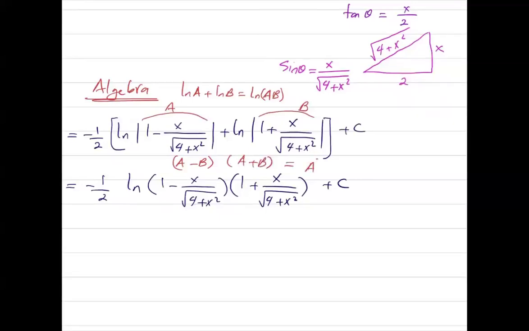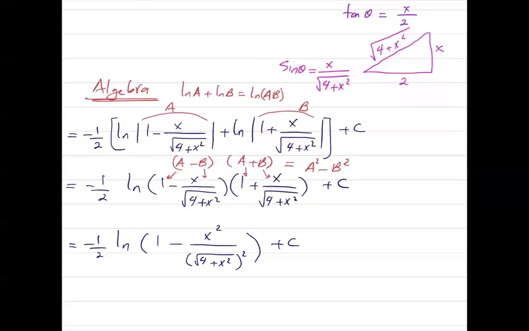It is a squared minus b squared, right? Your a is 1, your b is x divided by square root of 4 plus x squared with opposite operation in between. So you can combine these two and you have negative a half ln of 1 minus x squared divided by square root of 4 plus x squared to the second power plus constant of integration.